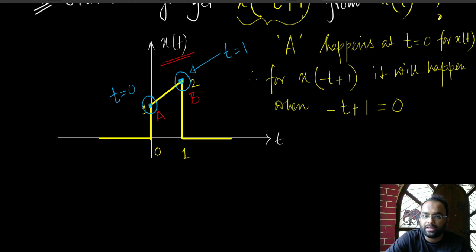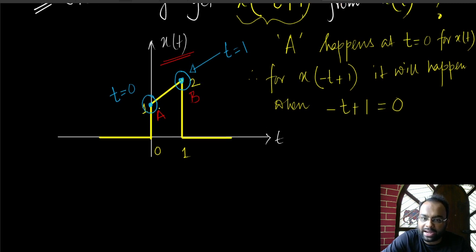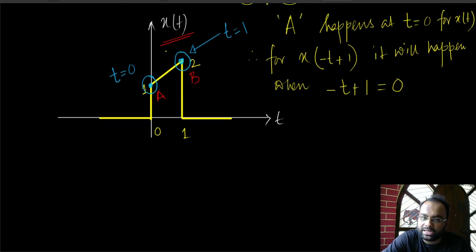Try to understand. This critical point A happened to the original signal when t was equal to 0. But what is t? t is the internal argument of the signal, the time of the signal. So when the internal argument is 0, critical point A happens. Now for the shifted signal x(-t+1), when would this happen?